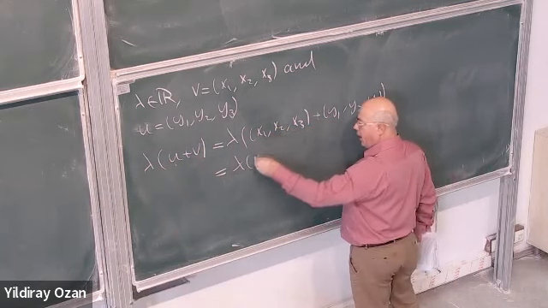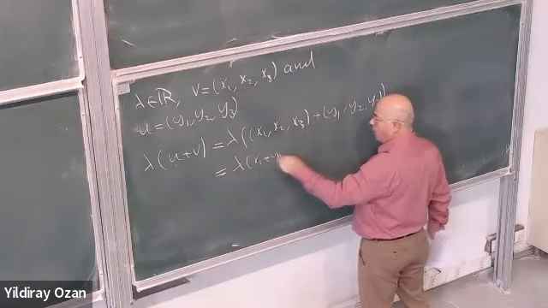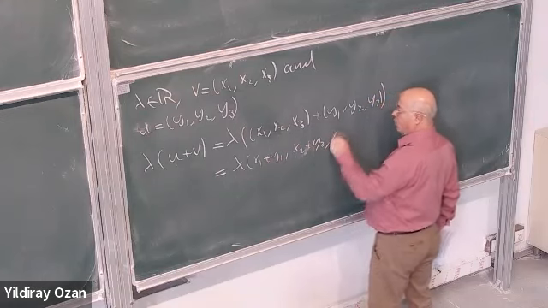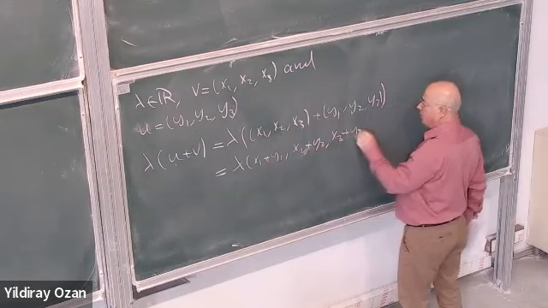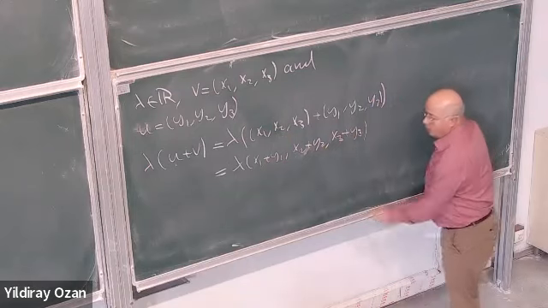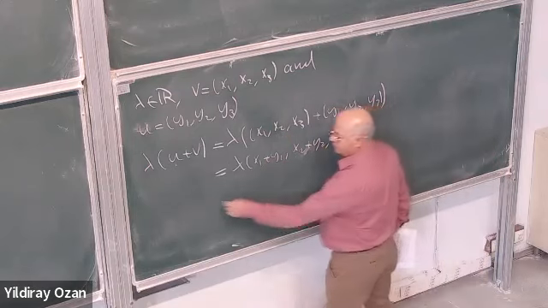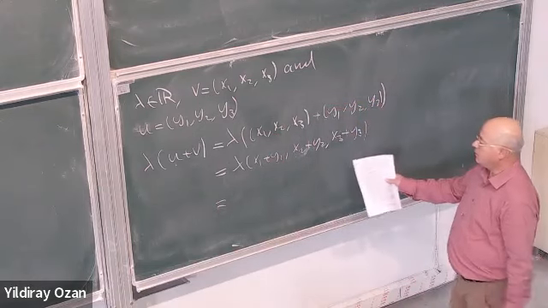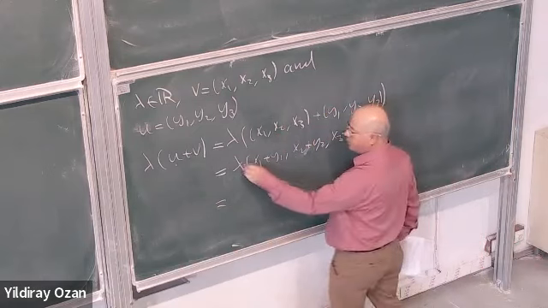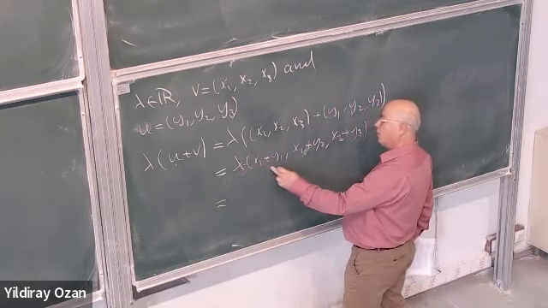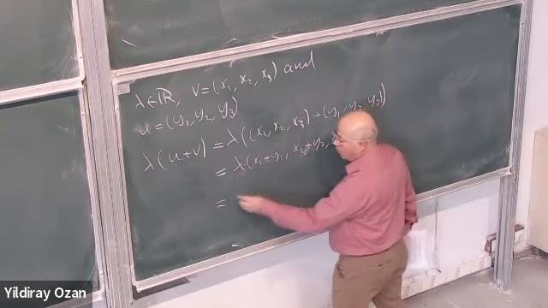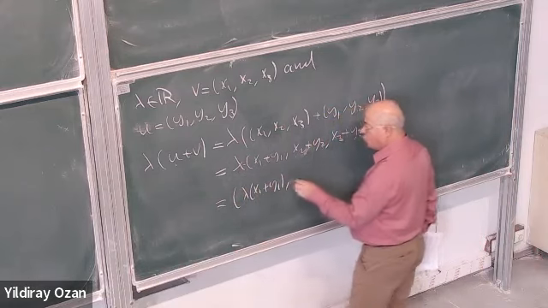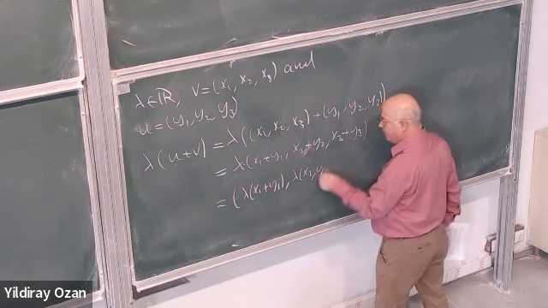So x1 plus y1, x2 plus y2, x3 plus y3. Now I have the scalar product of lambda with this vector. How is this defined? Well, you just multiply each component by the scalar.